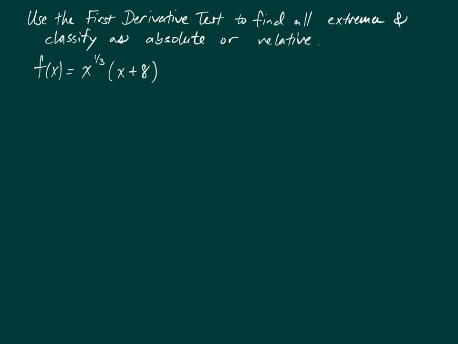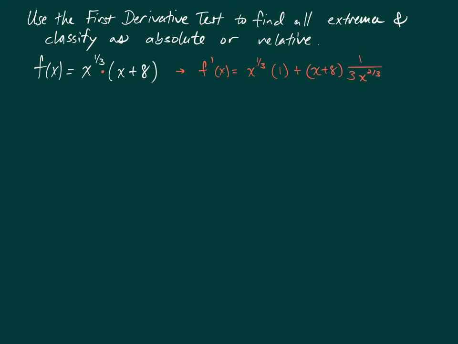So the derivative here is, again using the product rule, x to the 1/3 power times 1, that's first times the derivative of the second. By power rule, this is just 1, plus the second, x plus 8, times the derivative of the first. X to the 1/3 power, the derivative by the power rule is 1 over 3x to the 2/3 power.